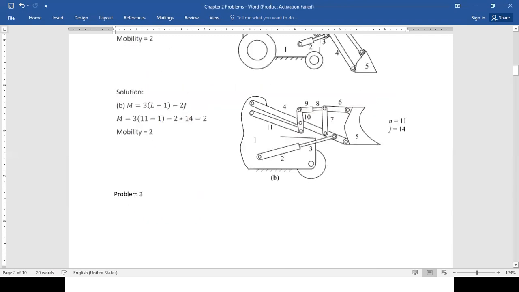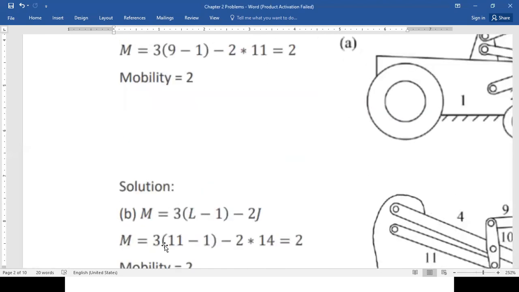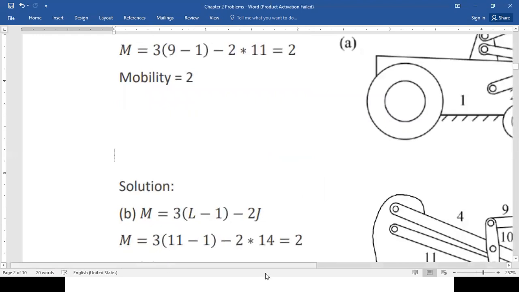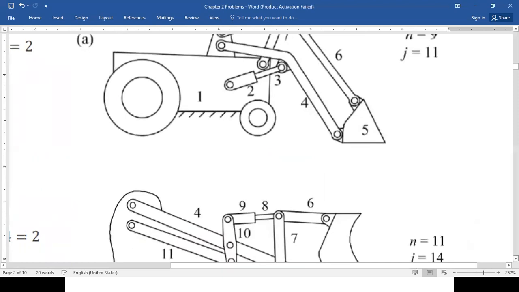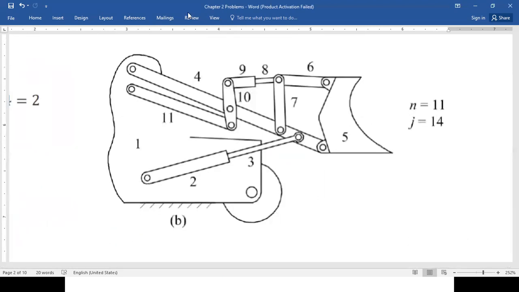I will zoom it. Okay. So here, the idea is that I have a system with a body, and the body is connected to wheels. So this system can translate.